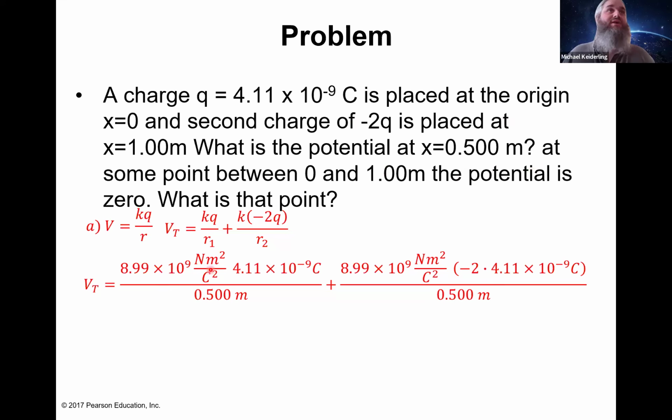So we have 8.99 times 10 to the 9 Newton meters squared per coulomb squared times 4.11 times 10 to the minus 9 coulombs over 0.5 meters, plus 8.99 times 10 to the 9 Newton meters squared per coulomb squared times negative 2 times 4.11 times 10 to the minus 9 coulombs over 0.5 meters. So that's 73.9 volts minus 147.8 volts, which is negative 73.9 volts.